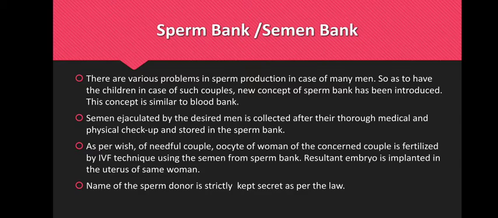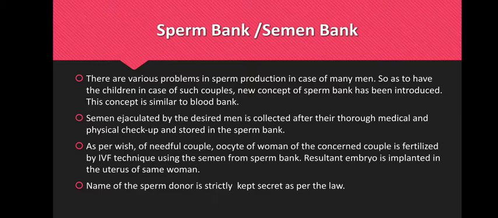Here if a person has any problem in the reproductive system, the person can collect semen from there, right? Semen ejaculated by the desired man is collected after thorough medical and physical checkup and it is stored in the sperm bank.